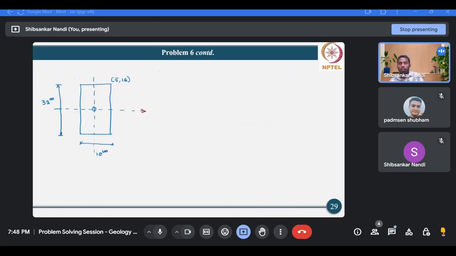So for example, x is 12 and y is 20. Suppose this one.